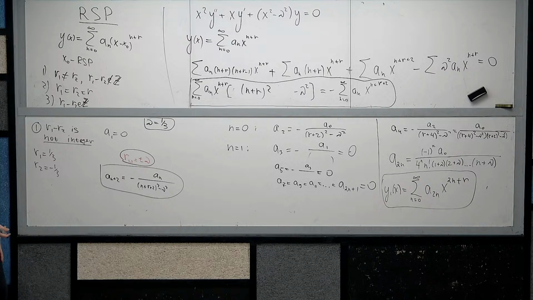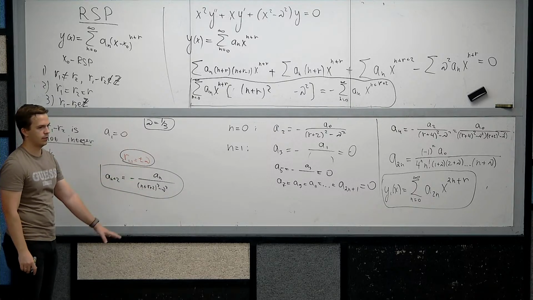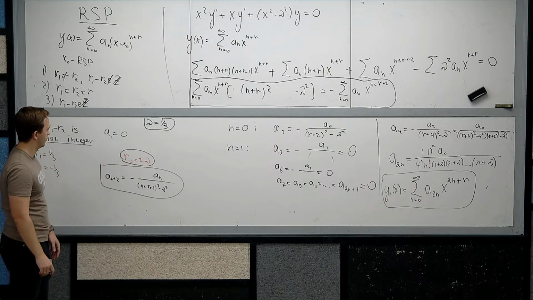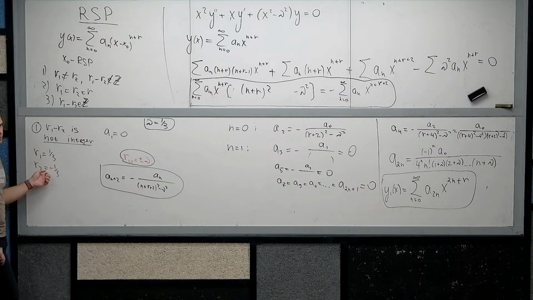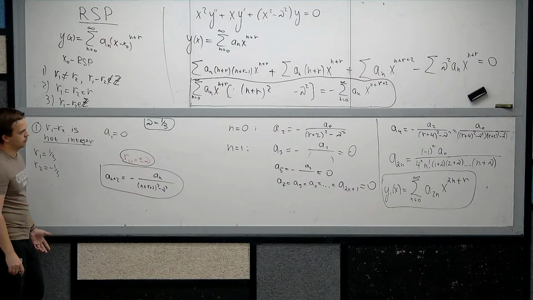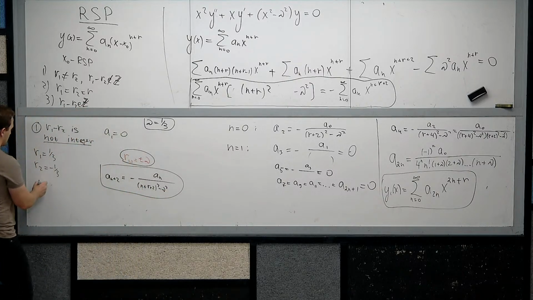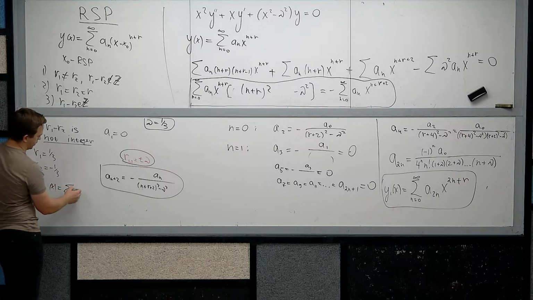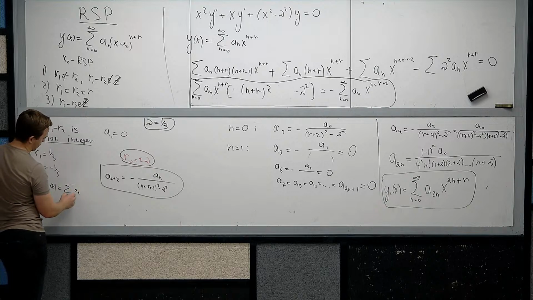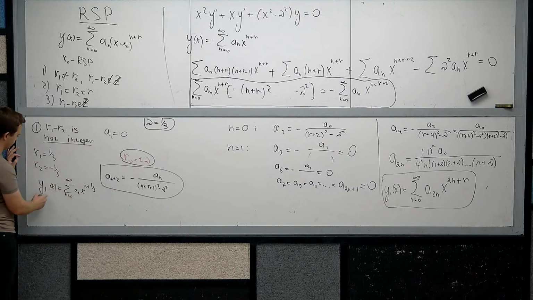So in this case, you are doing the same thing as we did right now for each value of r. So you will get y1 of x as some series with coefficients x to the n plus 1/3. That's the first solution.